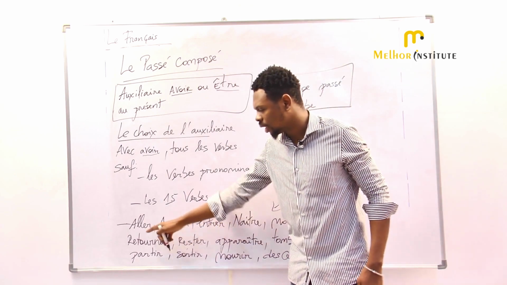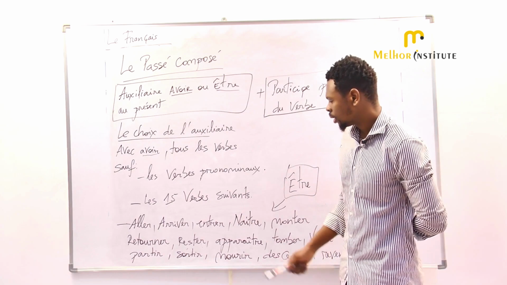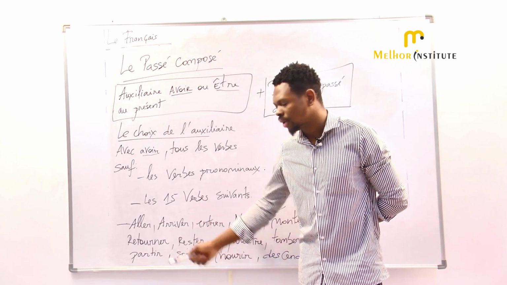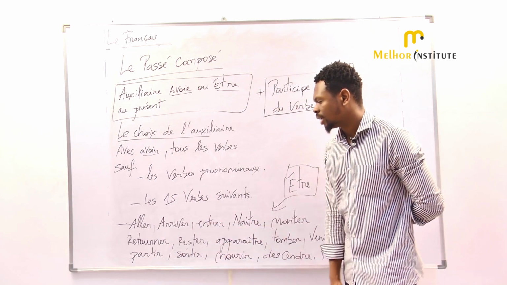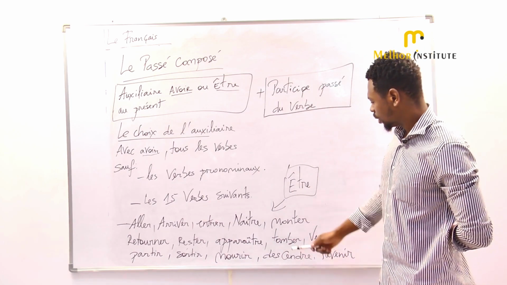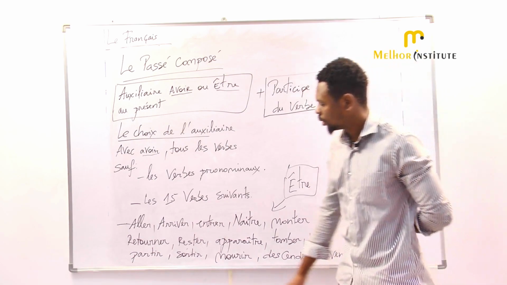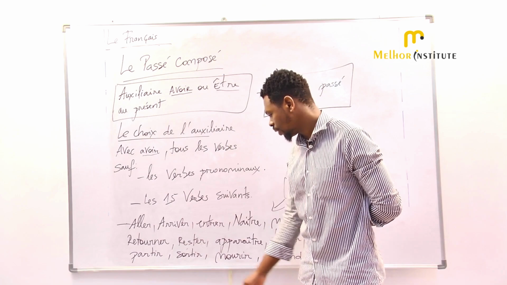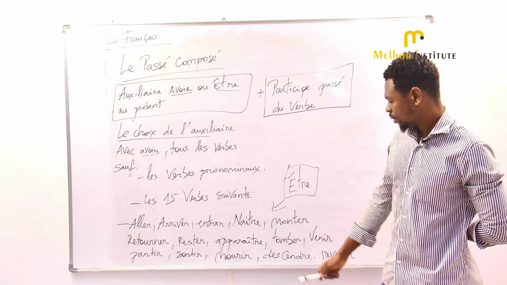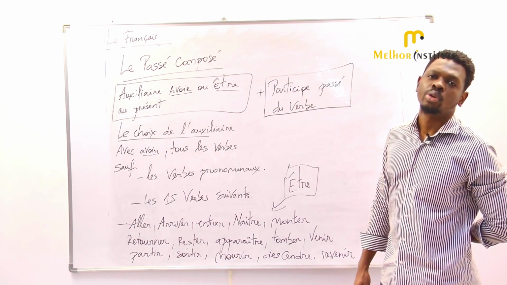We have le verbe aller, to go, arriver, to arrive, entrer, to enter, naître, to be born, monter, to go up, retourner, to return, rester, to stay, apparaître, to appear, tomber, to fall, venir, to come, partir, to go or to leave, sortir, to go out, mourir, to die, descendre, to go down, revenir, to come back.